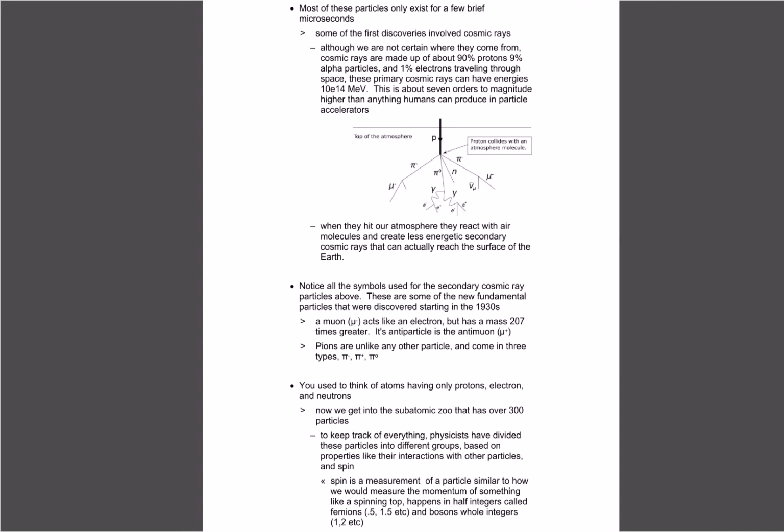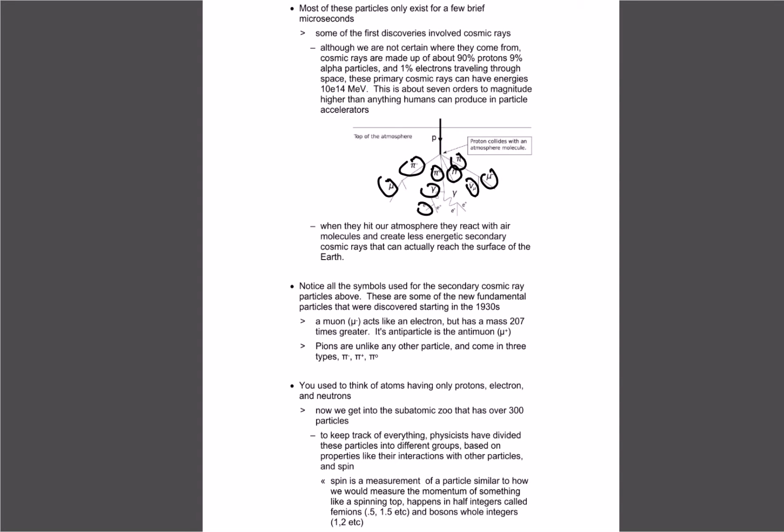You can see in this diagram they split apart into pions, a positive, a negative, and a neutral, so it breaks into 3 different ones for a split second. Then those pions split into a muon, and we get some antineutrinos, some gamma radiation, another neutron, some electrons, and so on.